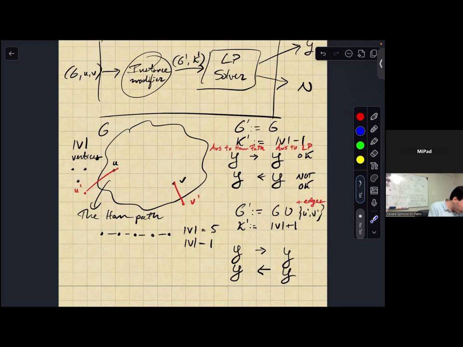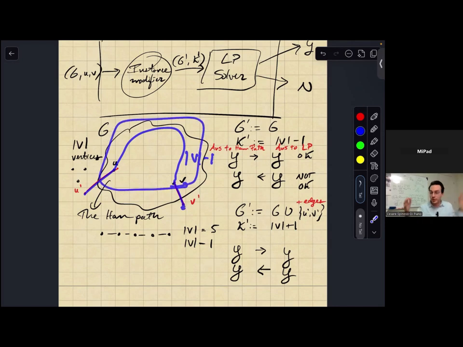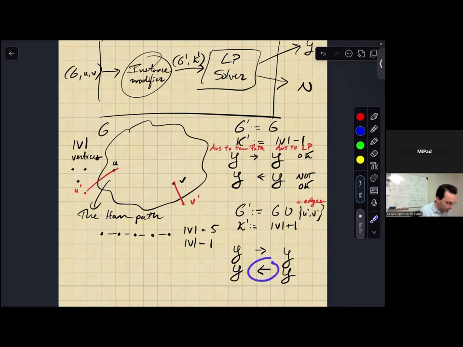The longest path will be U prime to U, and then some path U to V, which is of length V minus 1, and then an extra edge here that goes to V prime. But then what does that mean? That means necessarily that I have a Hamiltonian path from U to V. It's namely the one that was part of this longest path. And so a yes from my answer to my LP problem is a yes to my answer of my Hamiltonian path.